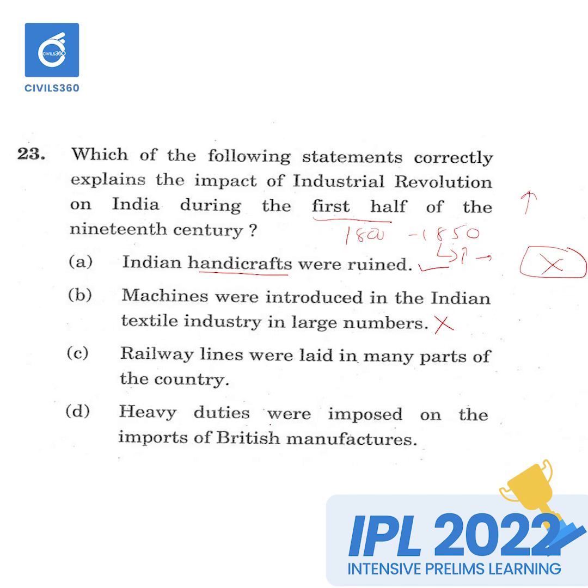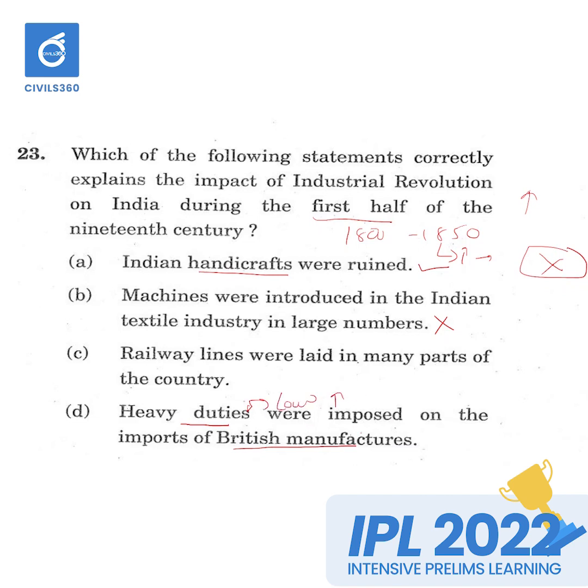Then option D, heavy duties were imposed on the import of British manufacturers. What will happen then? When they keep heavy duties on British manufacturers, their cost will increase here, so people will buy less and their profit will reduce. So they will lower their duties for increased profit.